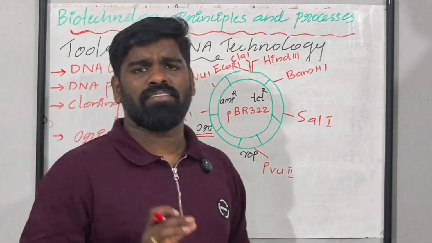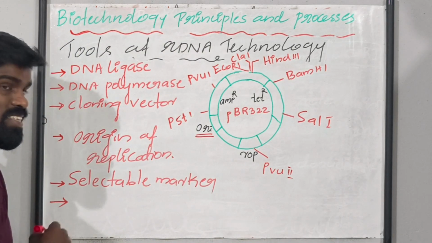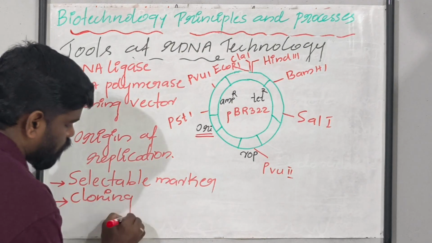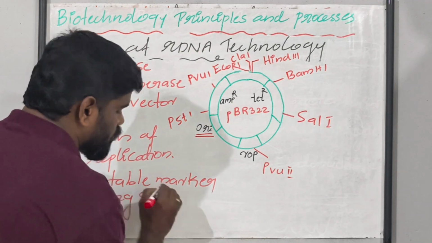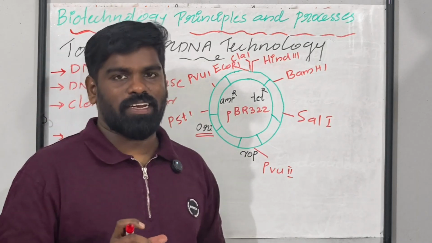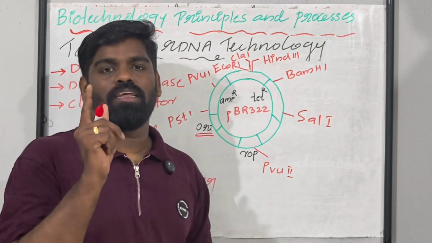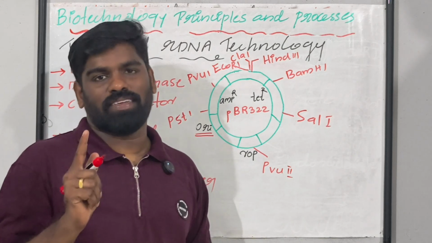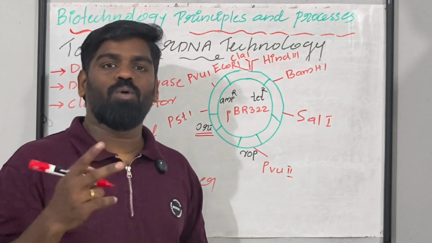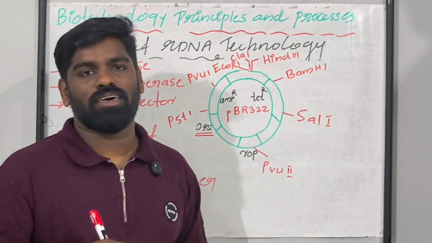Then the next one, cloning site or recognition site. Each vector should possess a minimum of one cloning site. Actually, one cloning site should be there. If there is more than one, it can cause complications in recombinant DNA technology.